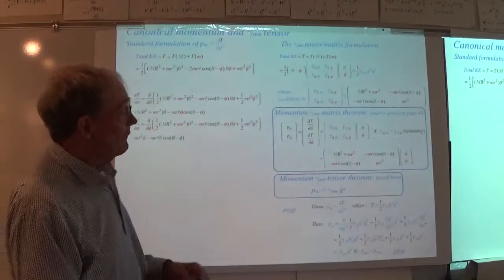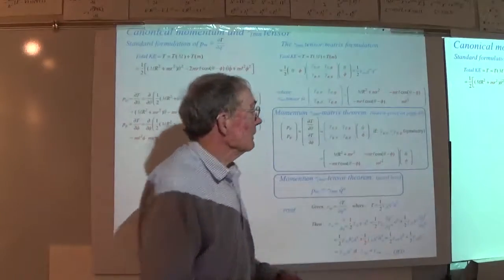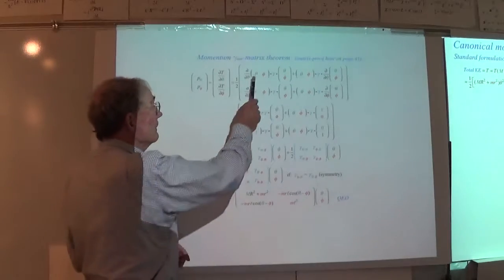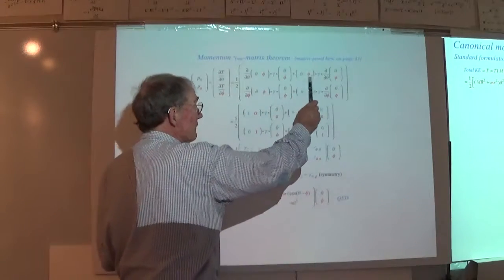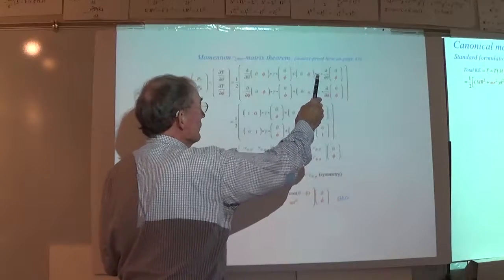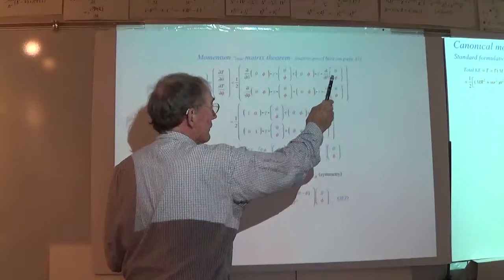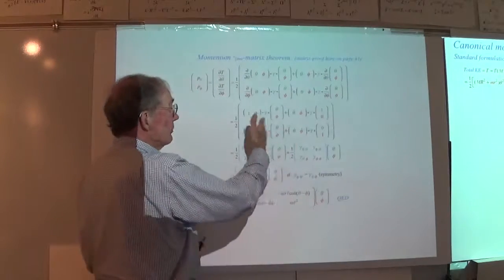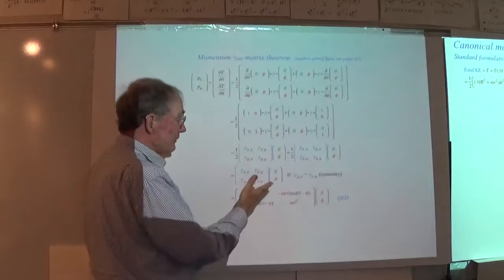Now another way to prove this is kind of a matrix proof. If you're thinking in terms of matrices, you can go ahead and write the kinetic energy as a bra, then this matrix here, and then the ket with its partial derivative, all right? And just write that out and see how it comes.